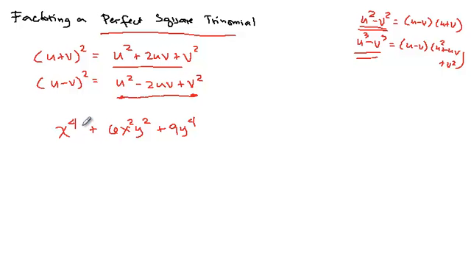We always know that if the power is higher than the normal, we could re-express it in terms of a square, right? This could be expressed as x squared, squared. Right? X to the fourth could just be expressed by that. How about this one, 9y to the fourth?